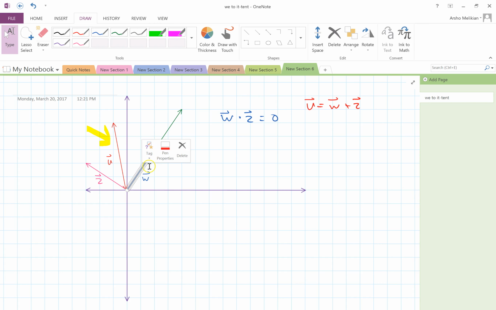So this is W. If I take Z and add my vectors, watch. Look at that. W plus Z is equal to U. And this is a 90-degree angle here. Isn't that cool? That's what we did.